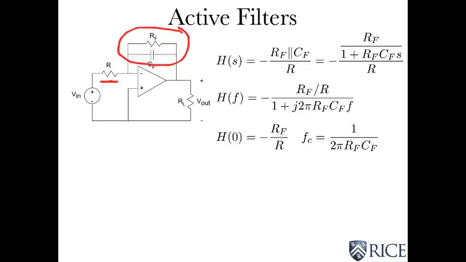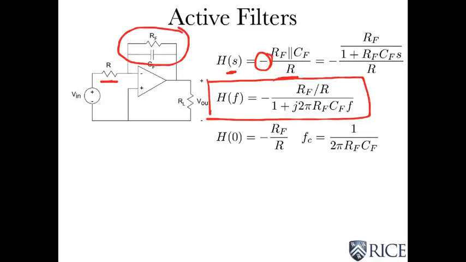And we know that the transfer function using S has RF in parallel with a capacitor, value CF, that's the shorthand notation, and it's going to be divided by R, and there's our minus sign. We start plugging things in, particularly the impedance of the capacitor, and simplify, and we finally get this formula.